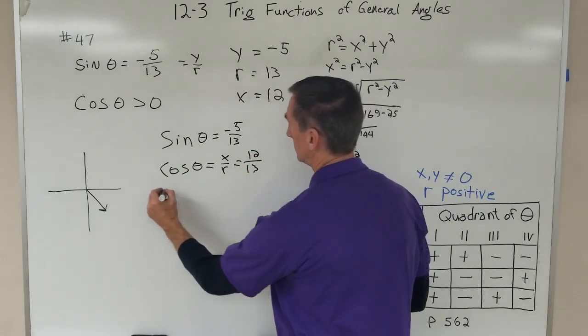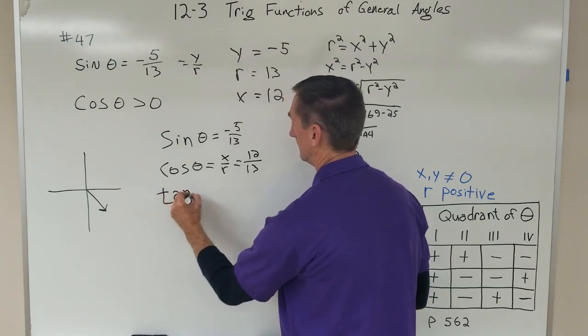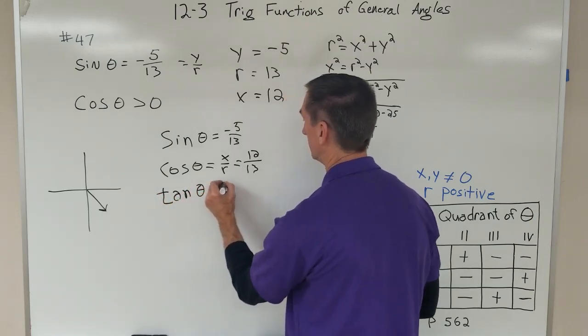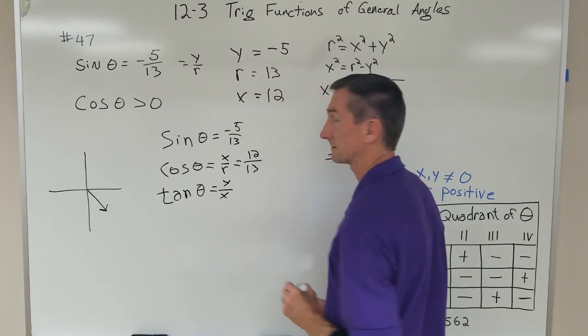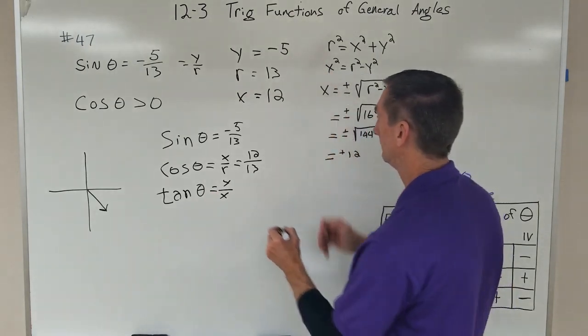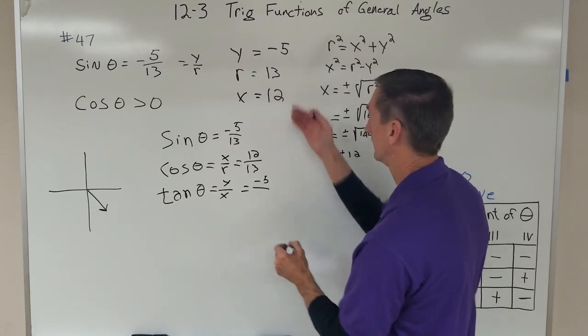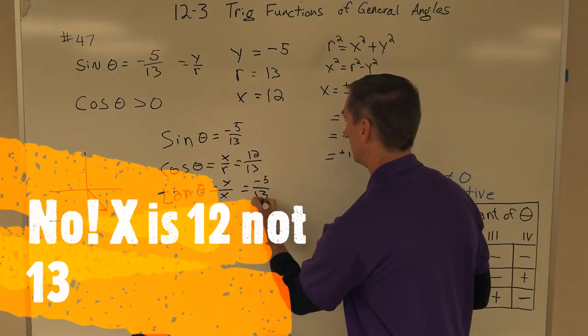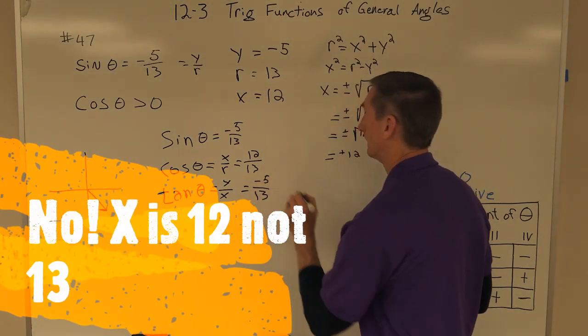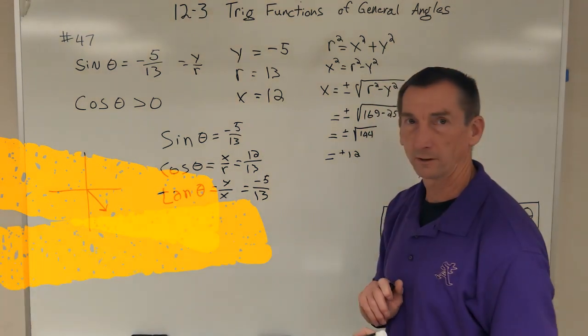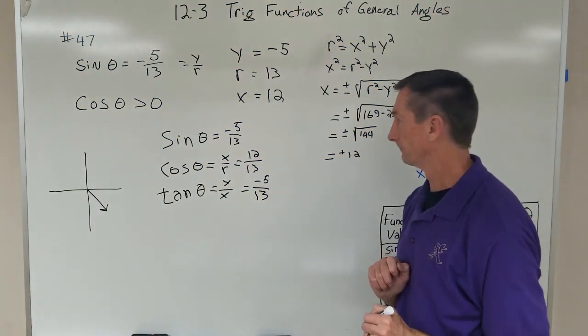And tangent. Tangent of theta is equal to y over x. So in our case, -5 over 12. Okay, so there's problem 47 for your viewing pleasure.